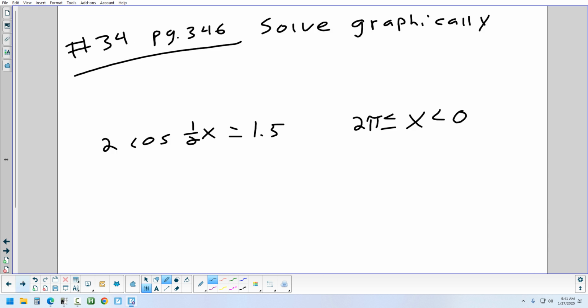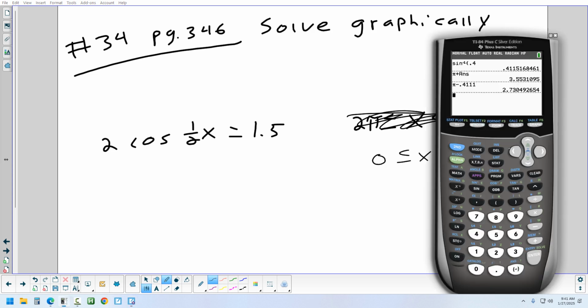All right, let's look at this one. I'm just going to write this window a little bit. Let's go from 0 less than or equal to x, less than 2 pi. Okay, same window as the last problem. Okay, let's put in our y1 and y2.